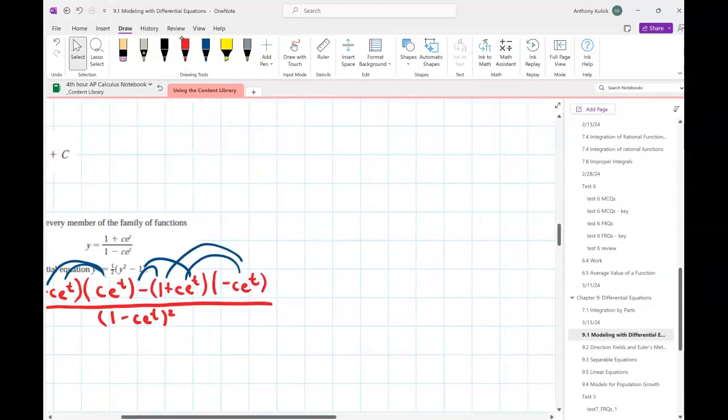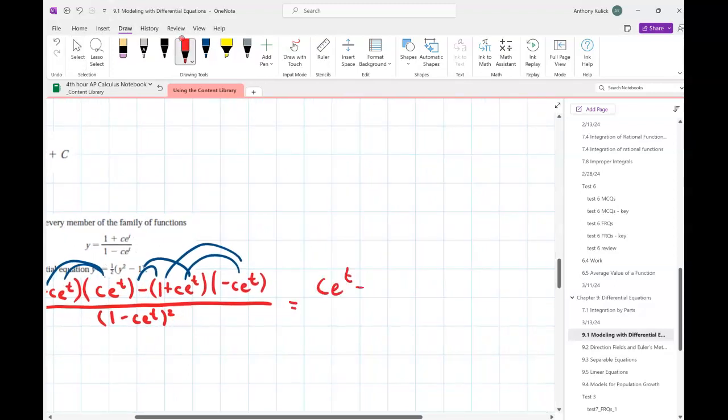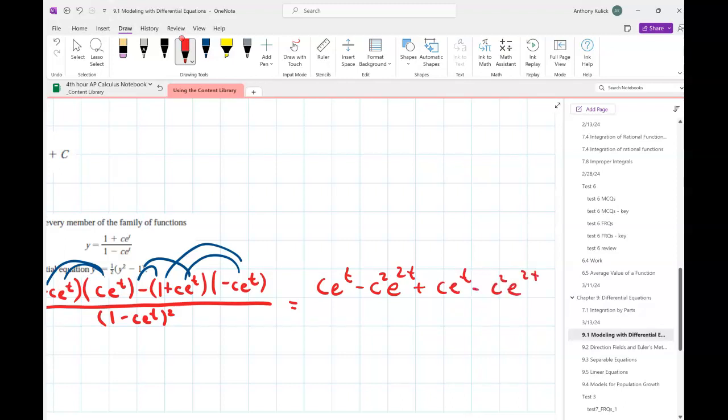Let's see what we get. We have c e to the t minus c squared e to the 2t plus c e to the t minus c squared e to the 2t, over (1 minus c e to the t) squared. Notice anything good that happened there?